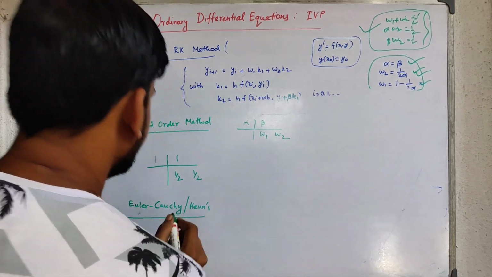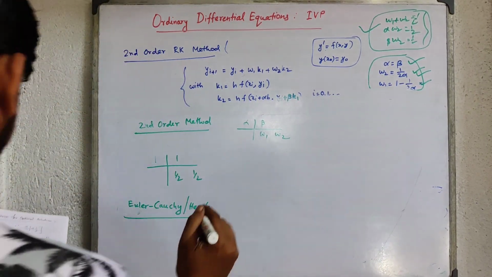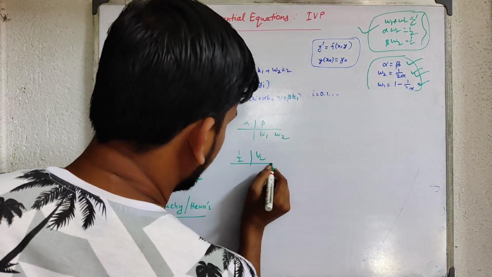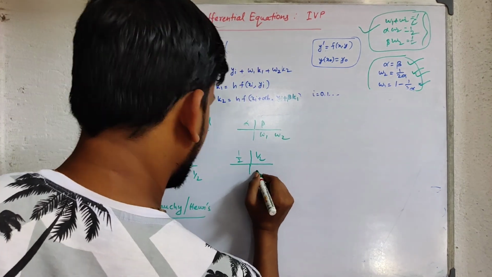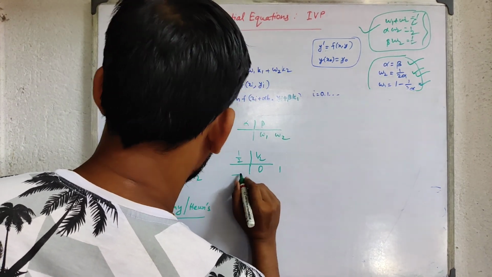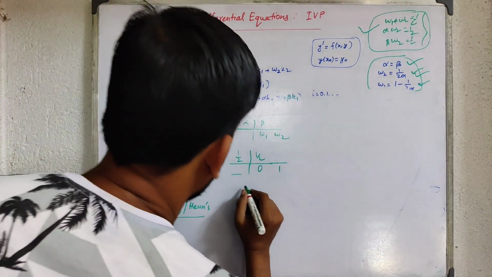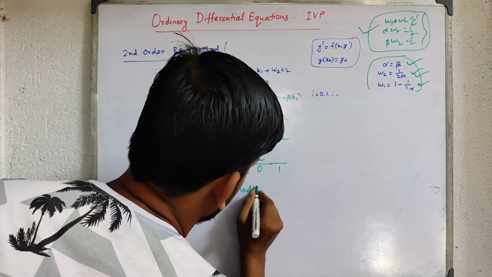Or Heun's method. This reduces to then half, half, meaning alpha and beta values are half, half, W1 is 0, W2 is 1. Then this case is the modified Euler-Cauchy.